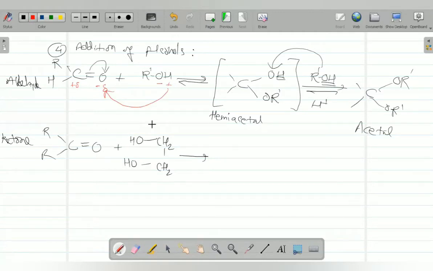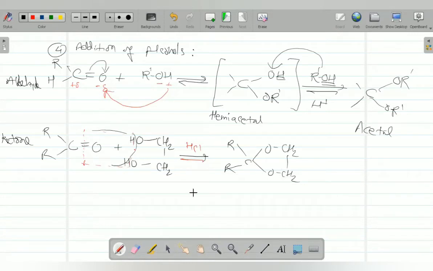Now, with ethylene glycol in the presence of HCl gas or dilute HCl, this double bond gets broken down and it makes H2O. And the product will be R, R, C with OCH2 and OCH2 bonded. Very simple, this one, this way.